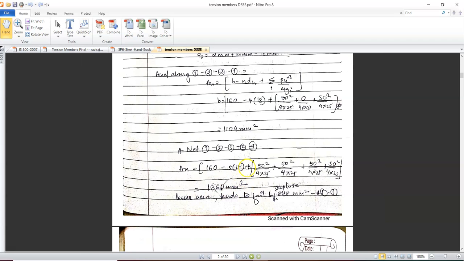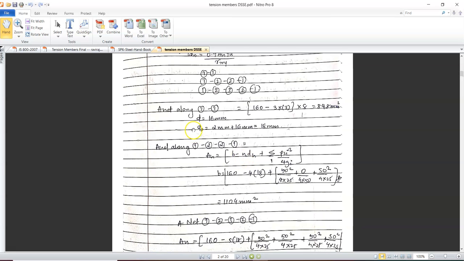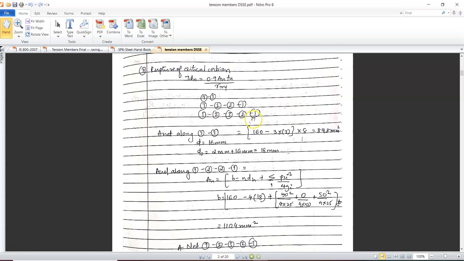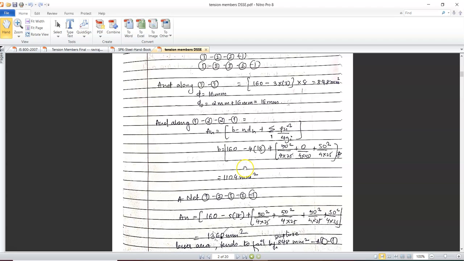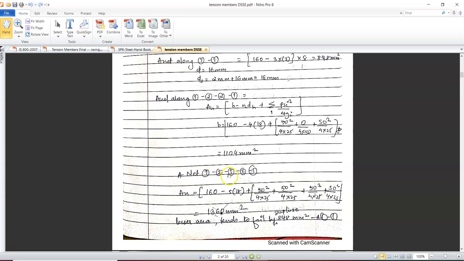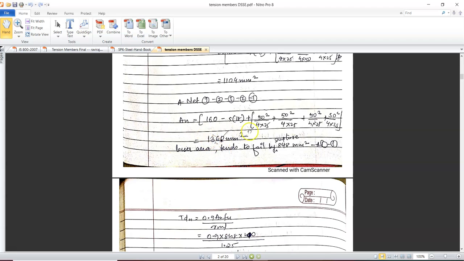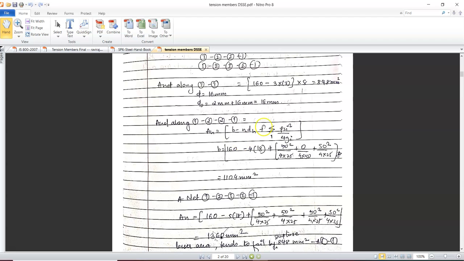So therefore, there are totally three net areas, that is 11, 1221 and 12321. The net area of 11 is 848, of 1221 is 1104 and of 12321 is 1360. Out of these three, the least value is 848.